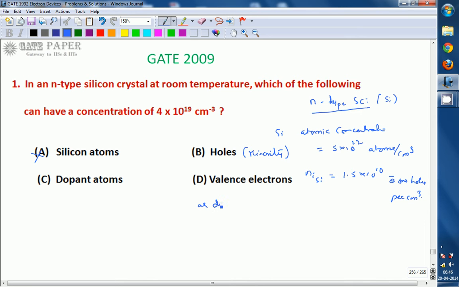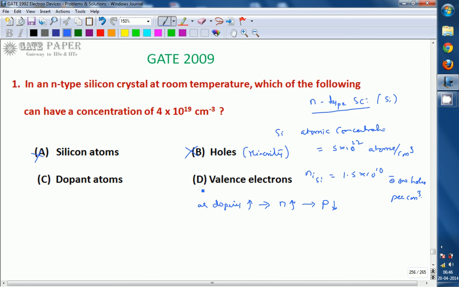As doping increases, that is, as you add pentavalent impurity atoms, n increases and p reduces. So holes will be lesser than this value and electrons will be more than this value. That's why holes are minority carriers. This is also a wrong answer.